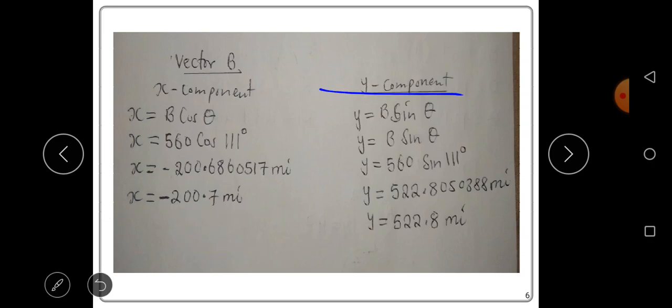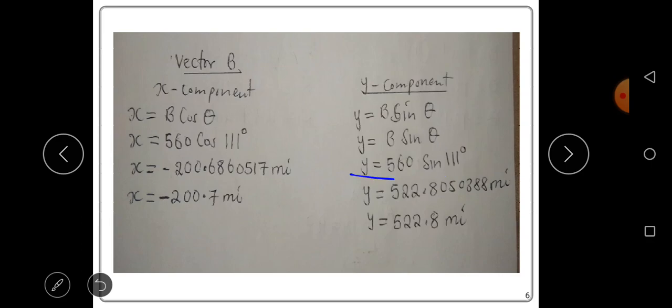So to find the y component, you use this formula. Y is equal to B sine theta. B is the magnitude of the vector B, which is 560. Then theta is the angle, which is 111 degrees.